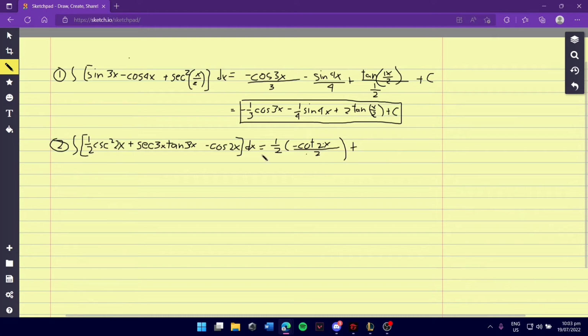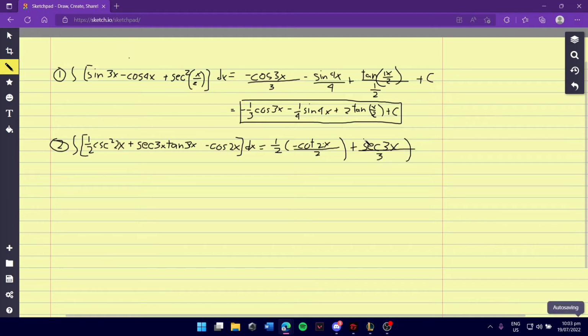And then add, the integral of secant times tangent will become secant. Then copy 3x. Since 3 here is our constant, divided by 3.